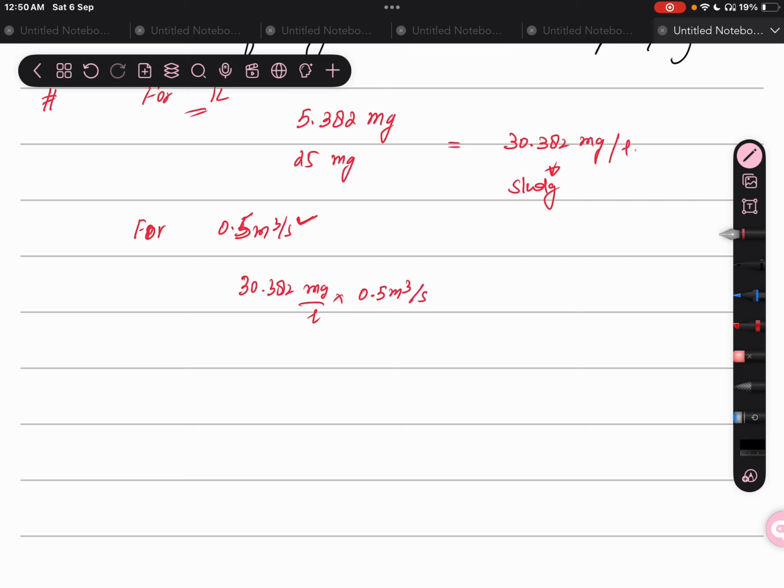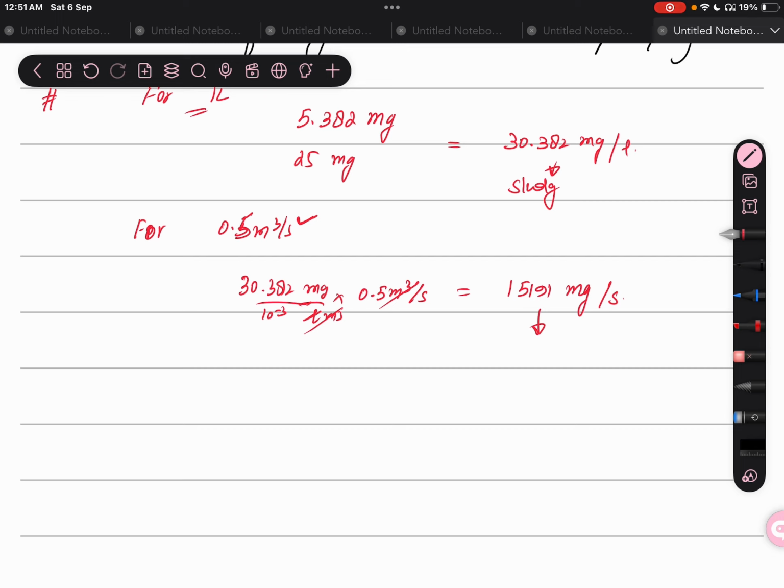I'll change the liter to 10 to the power minus 3 meter cube, meter cube will cancel out, and this will be 15191 milligrams per second.